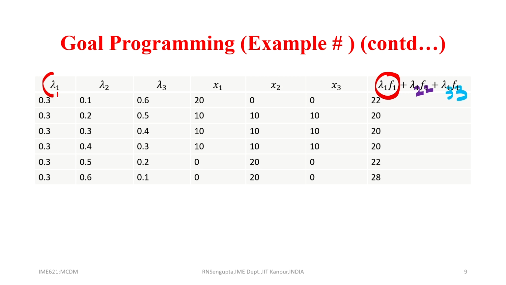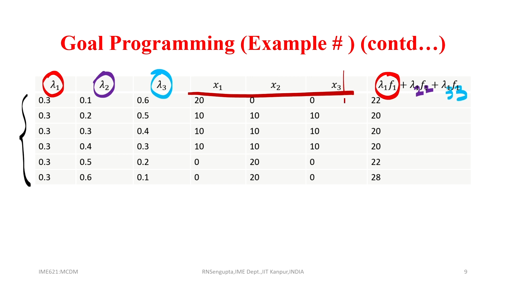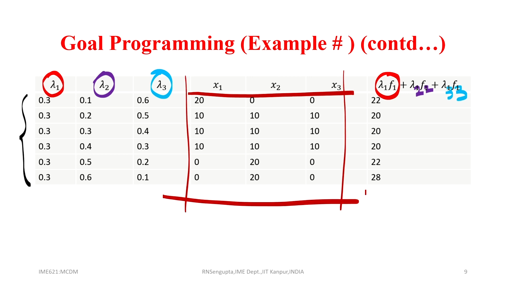These are lambda 1, lambda 2, lambda 3, sum is 1. These are the decision variables. And obviously, for example, these are all 20.